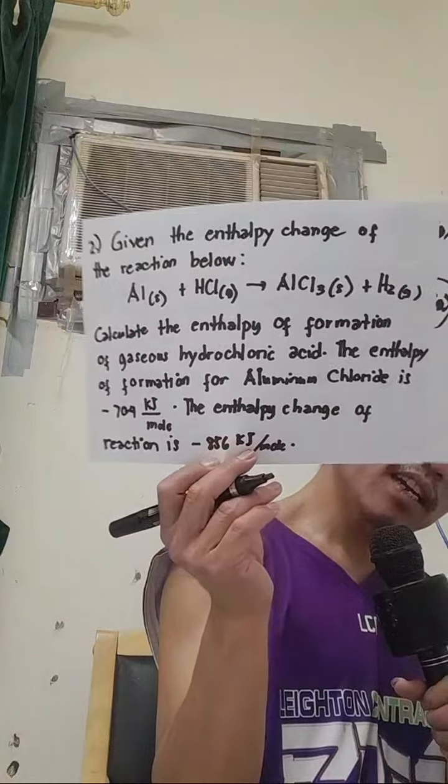And then our reaction enthalpy was given, right? Negative 856 kilojoules per mole. So, 6x plus negative 1,408 kilojoules equals negative 856 kilojoules per mole.